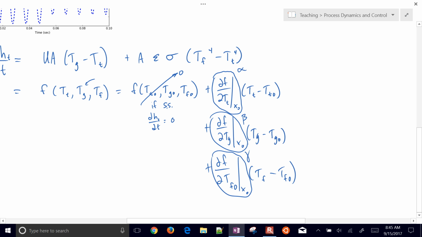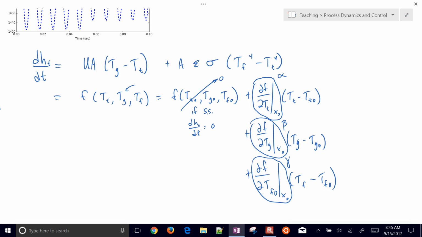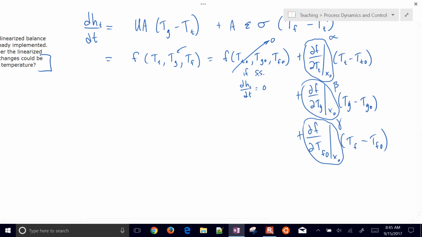When we linearize this expression, we just take the partial with respect to the thermocouple temperature. So let's just do that one. Alpha equals, and that's just going to be equal to negative UA.